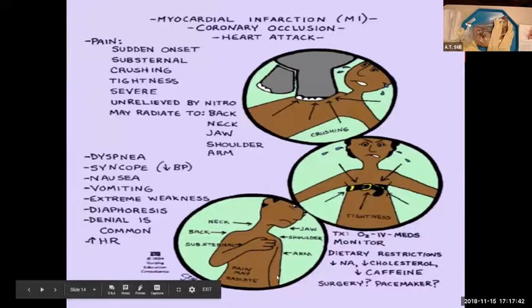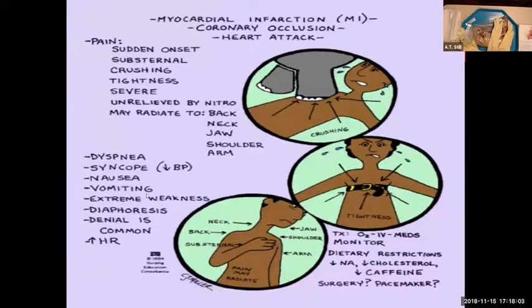And some of you might have heard of pain into the arm or into the jaw and shoulder. This is because different nerves that go to different places in the body share some of the same pathways once they get closer. So even though you're having a problem in your heart, it might feel like you're having pain in your arm.